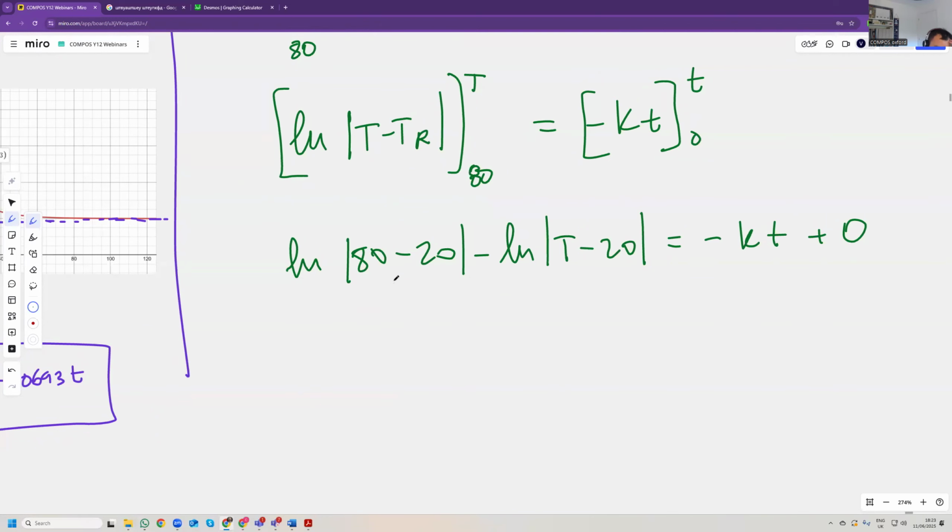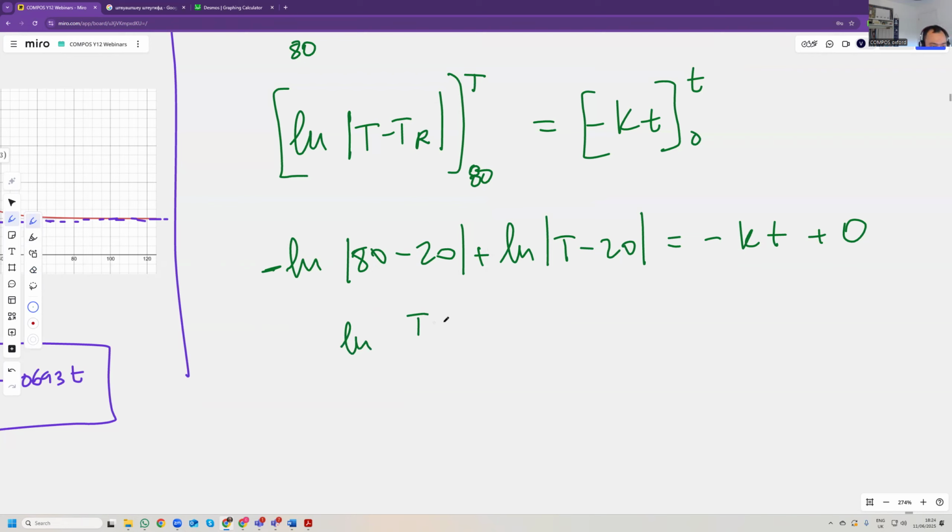Now here I have logarithm of 60 minus logarithm of T minus 20. What am I doing? Sorry, of course it's plus and minus. Apologies. It's that minus that, so I did it the other way around.